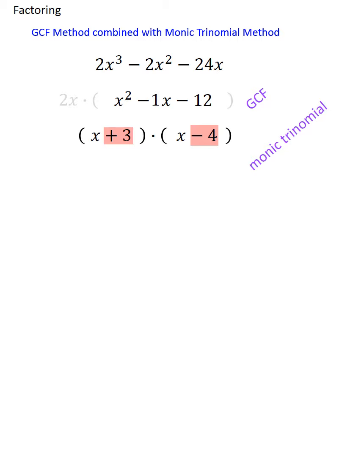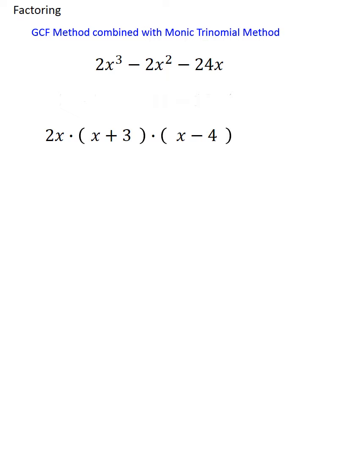But there's the invisible coefficient of 1 here, and therefore that fits the rule of the multiplication and addition for monic trinomials. So now that I've factored the monic trinomial, which was one of my 2 original factors, I now have a total of 3 factors in this problem, and there is your final factorization of this trinomial.